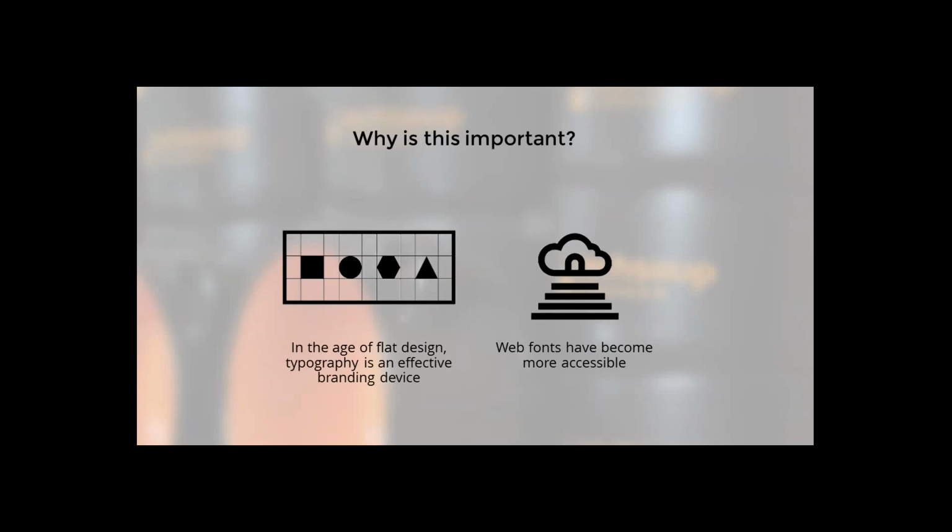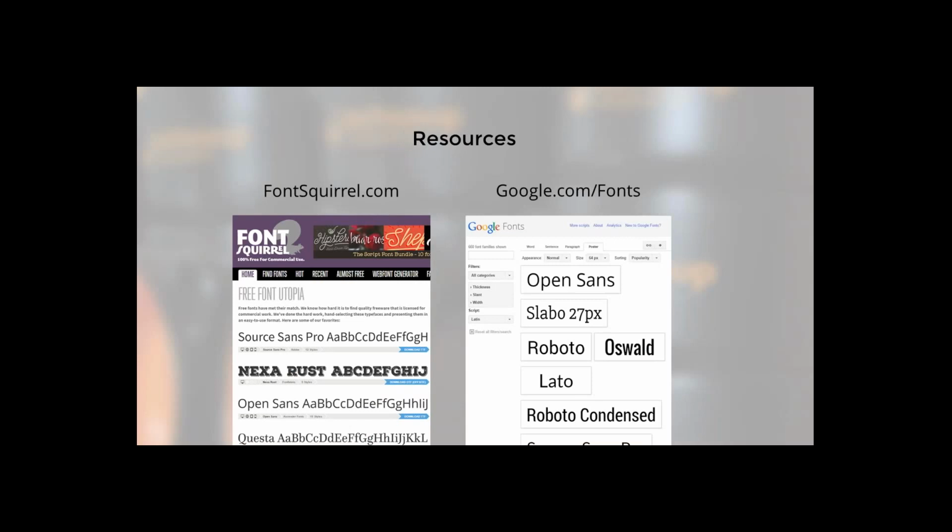And just because the designers have access to different kinds of fonts, it's basically creating more options for designers to use and to be intentional in the typography that they engage with. So in other words, simply because they have more options, there's more possibility for them to be creative with their typography. And that's something you can do as well at your nonprofit organization. So great resources for that, Font Squirrel and Google Fonts. There are tons and tons of options there.